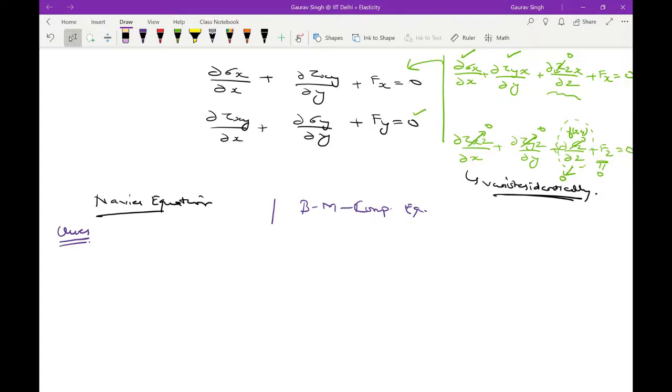Let's see. You start with Hooke's law, which is sigma x is equal to lambda times dou u by dou x plus dou v by dou y, plus 2 mu dou u by dou x.